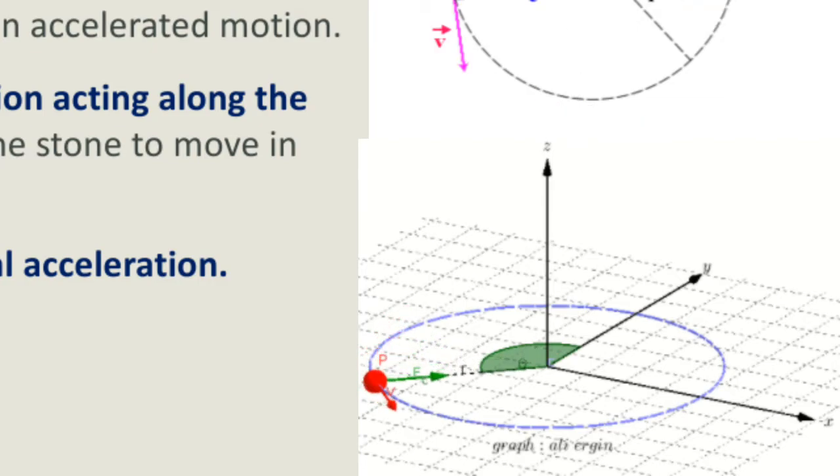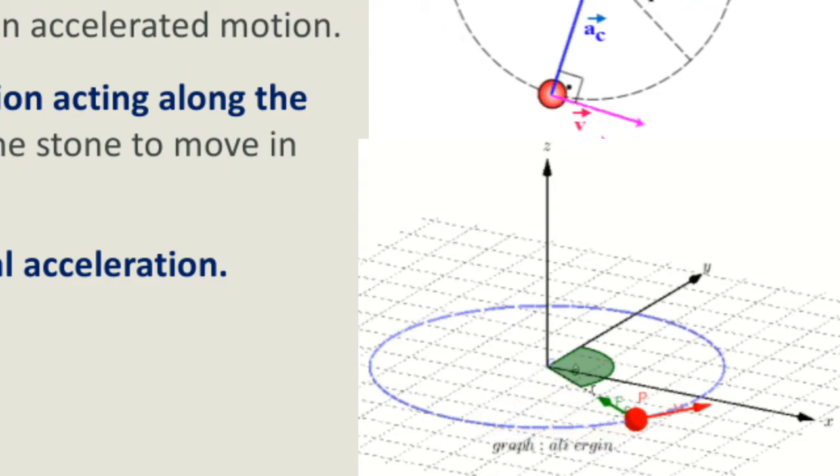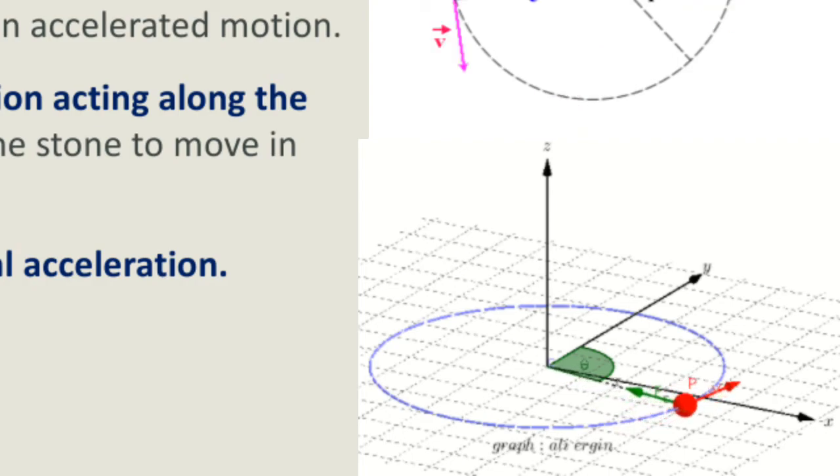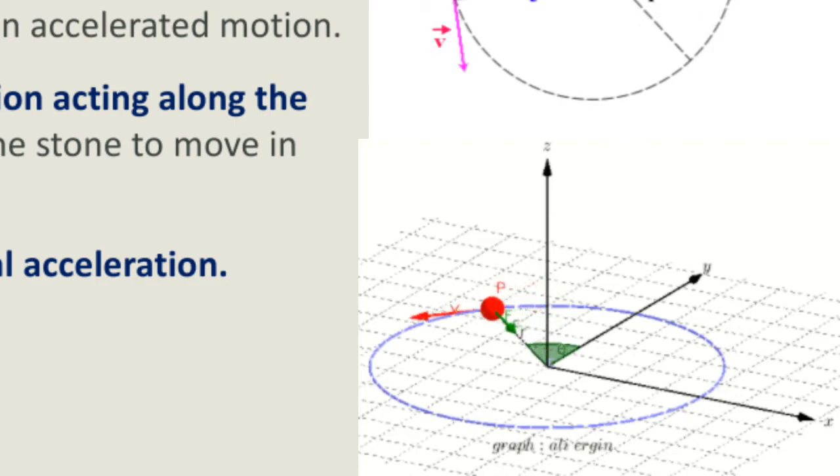We said that acceleration will always be along the radius towards the center. So here you can clearly see how exactly the force also will be acting. The red color arrow mark shows the direction of velocity, the green color arrow mark shows the direction of force as well as the direction of acceleration. This force is called centripetal force and the acceleration is called centripetal acceleration.